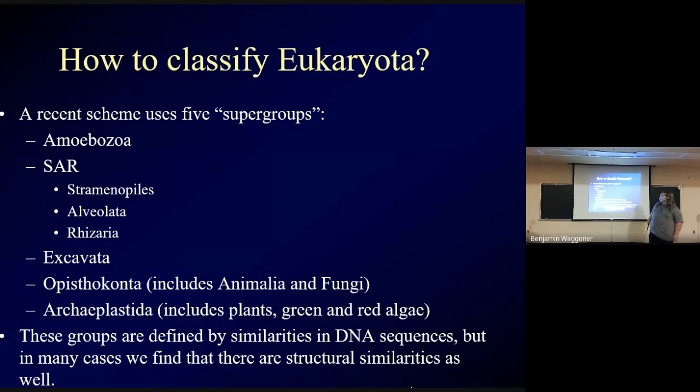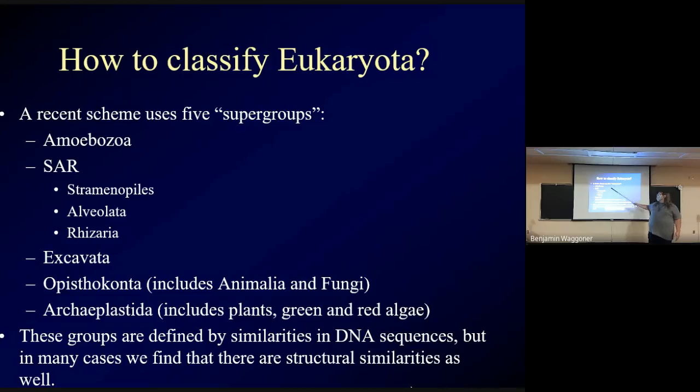The alveolata we'll talk about later, because there is a major group that's parasitic in the alveolata. The Rhizaria is a bunch of neat little amoeba things with shells; none of those are parasites as far as I know.